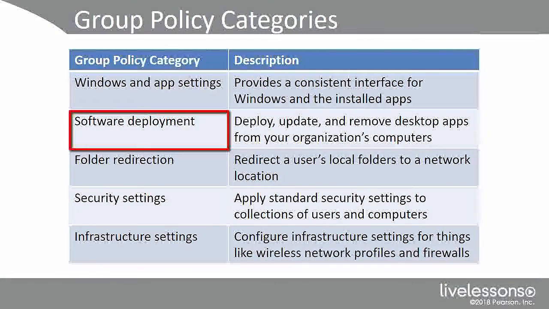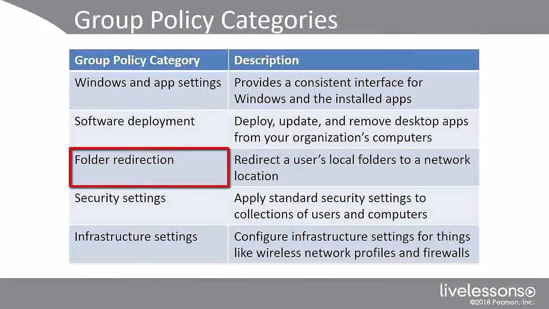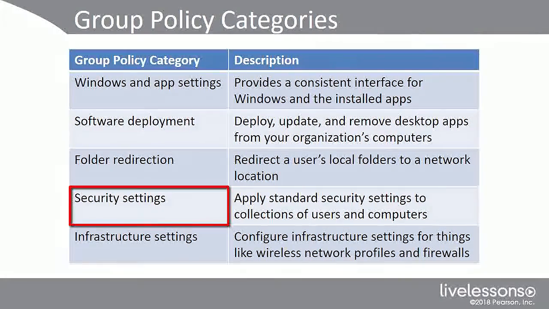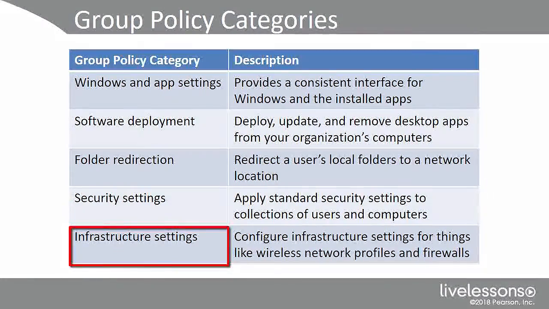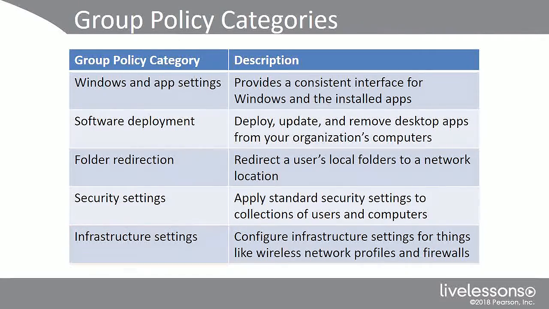And when you're ready to toast it, you can use a group policy to toast it as well. We can redirect our users' local folders to a network share. I want all my users to have their local documents stored in a network share because we're backing that up, so I can configure folder redirection. And we can apply standard security settings to our users and computers. And lastly, infrastructure settings, things like wireless network profiles and firewalls, all done in a central location through our GPOs.